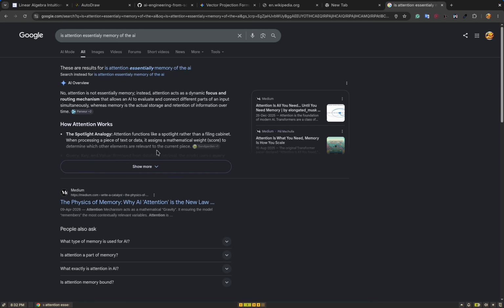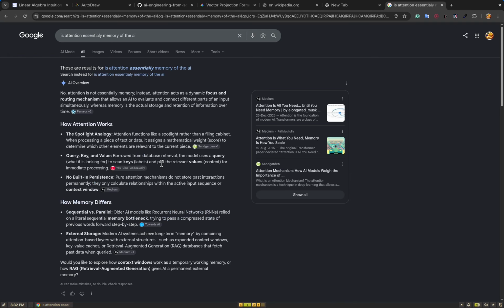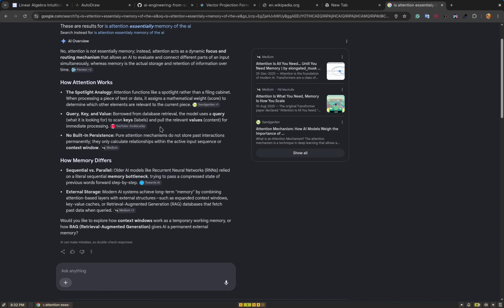Attention acts as a dynamic focus and routing mechanism. This allows the AI to evaluate and connect different parts. Attention functions like a spotlight rather than a filing cabinet. When processing a piece of text or data, it assigns a mathematical weight score to determine which other elements are relevant to the current piece.